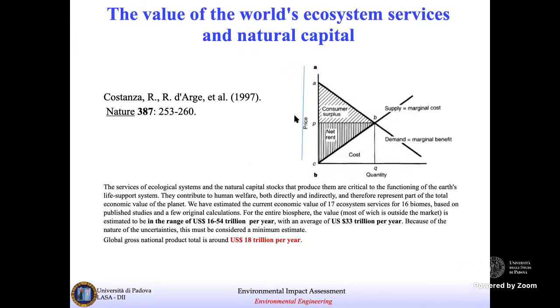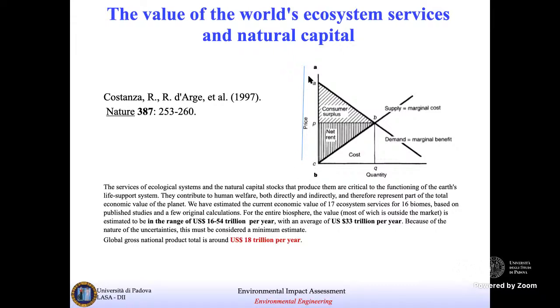What does it mean to put a vertical line in the supply or marginal cost of supply? This means that if you are losing a product, or if you are, for example, destroying a resource that cannot be easily produced, then the space in which your cost supply or supply-demand model is applied is not anymore a linear space.